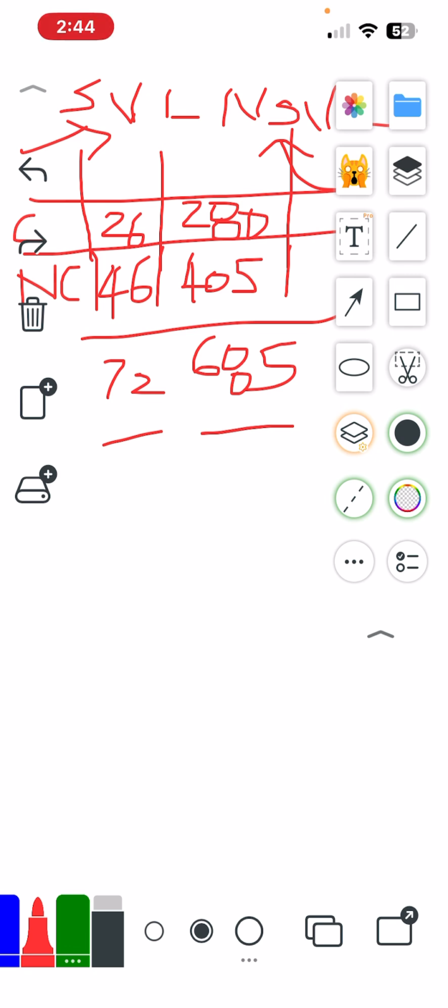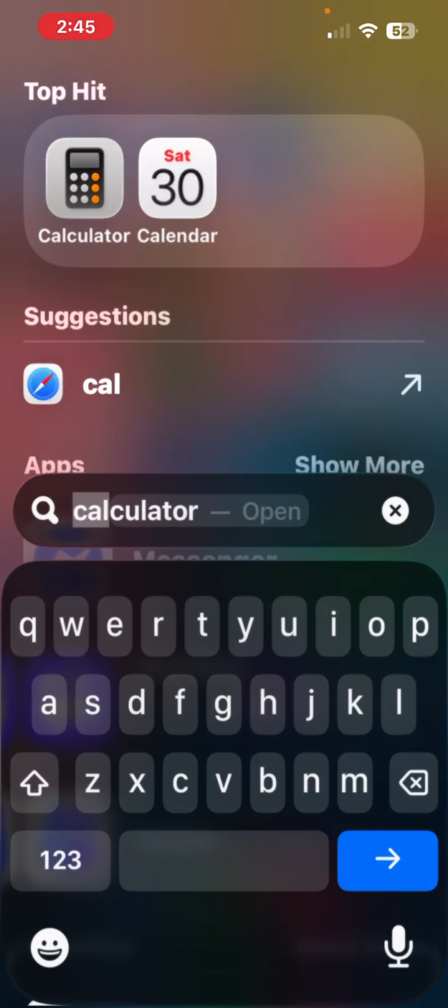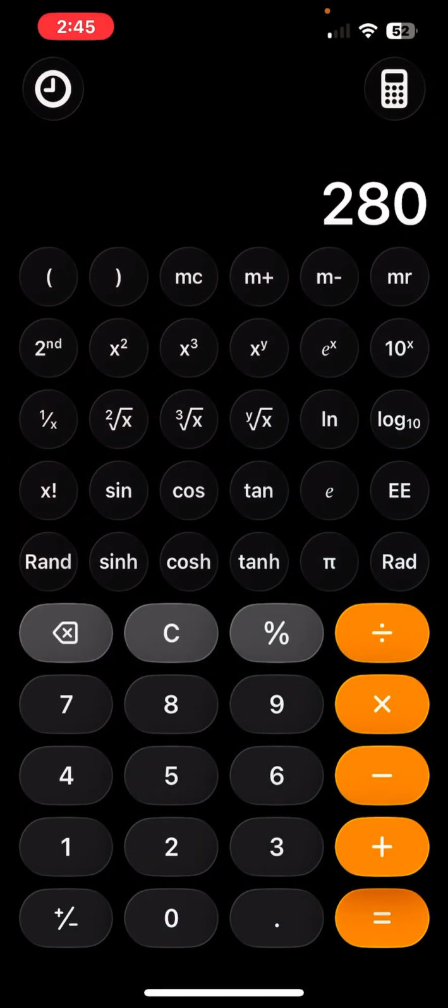And now for people who use cell phones while driving, their total over here will be 280 plus 26, which comes around 306.